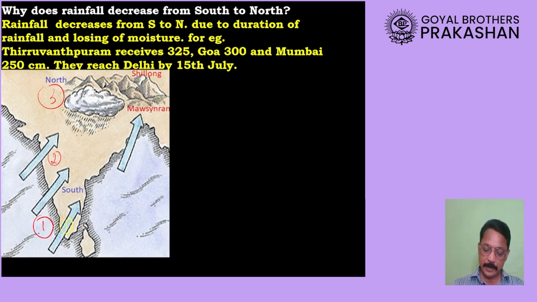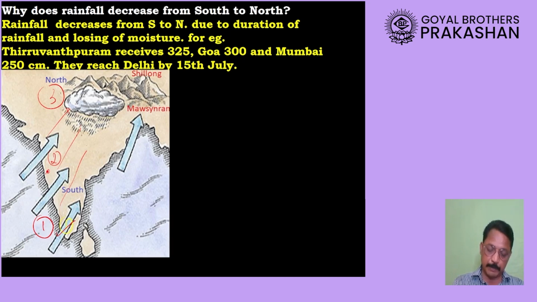And second thing, as these winds are moving towards the interior, they will start losing moisture, and that is why the rainfall will go on decreasing as we move from south to north. Okay, so Thiruvananthapuram, which is located here, will receive almost 325 centimeter rainfall.